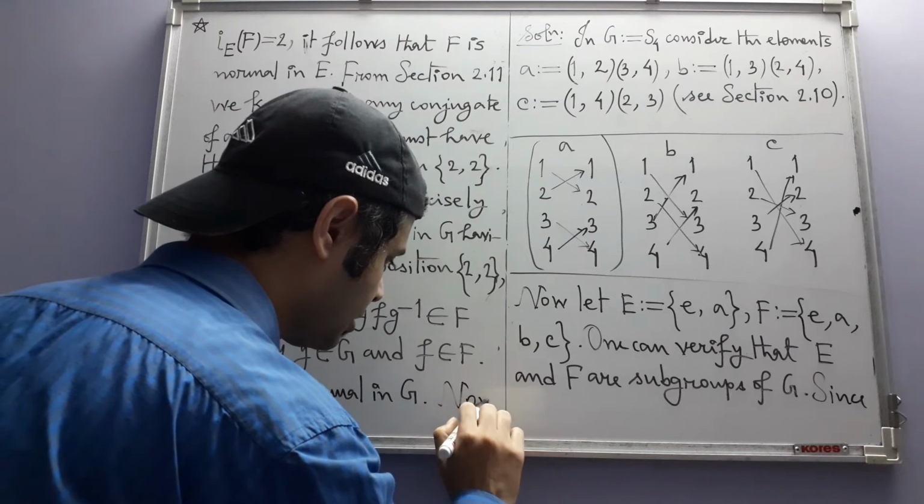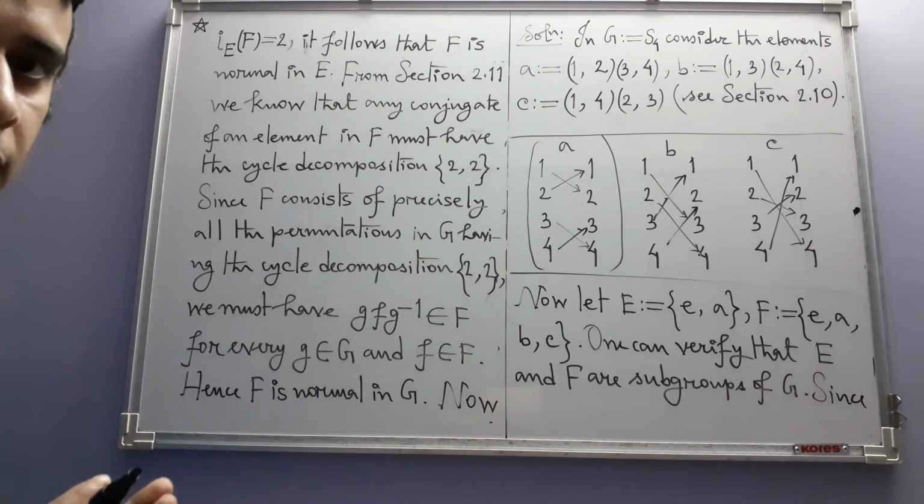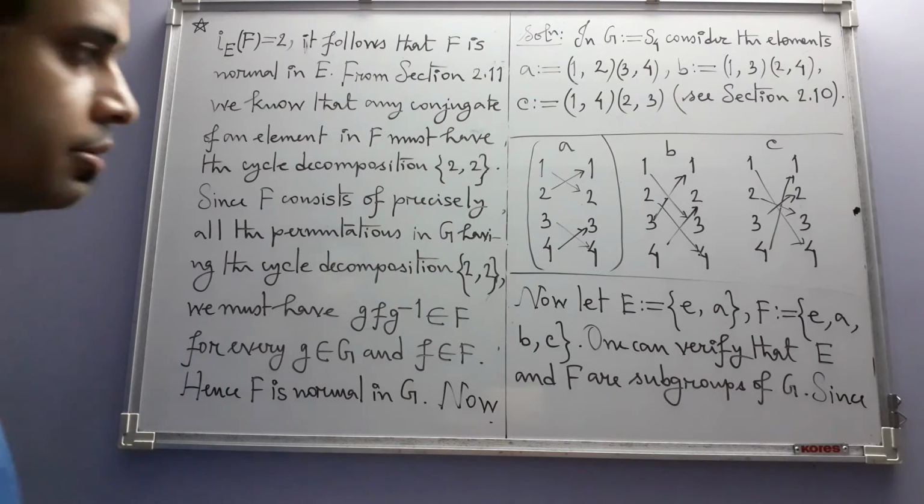But we now also have to show that E is normal in F, F is normal in G, but E is not normal in G. That's what we need.